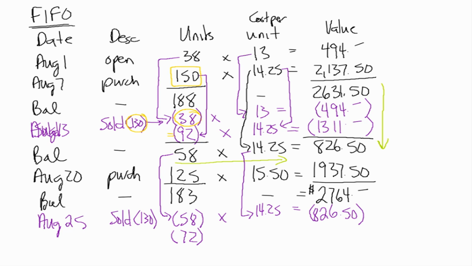Okay. Just let me know if you have any questions at all. So that 72, of course, is coming out of the 125, and the 125 is at $15.50. Multiply equals negative 1,116.